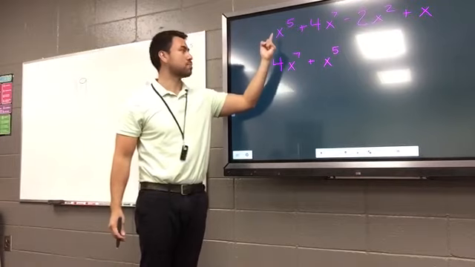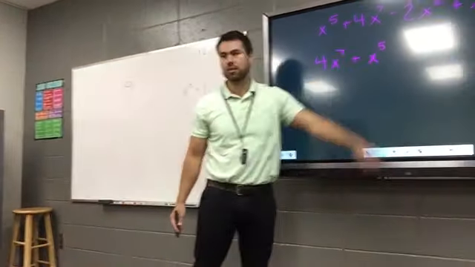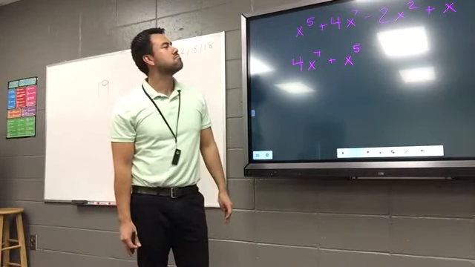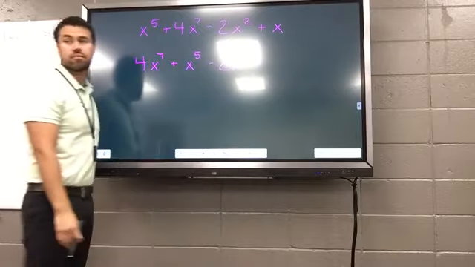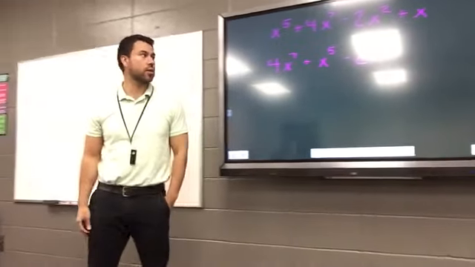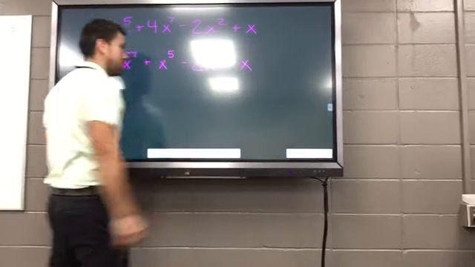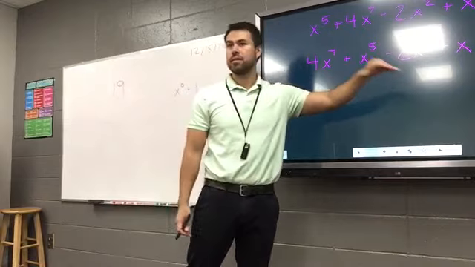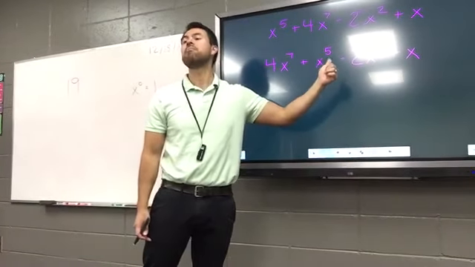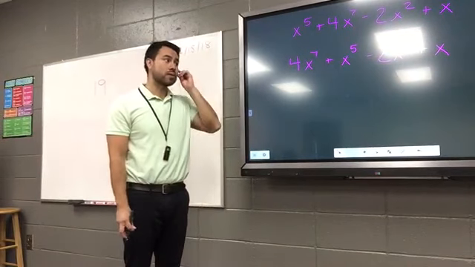Because it was positive there, so it's plus there. Lana, what's the next term? Negative 2x squared. And then lastly, the plus x. Is that written in descending order of the variable? Yes. So is that standard form? Yes. That's standard form.